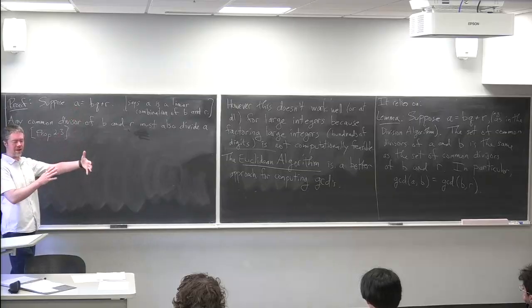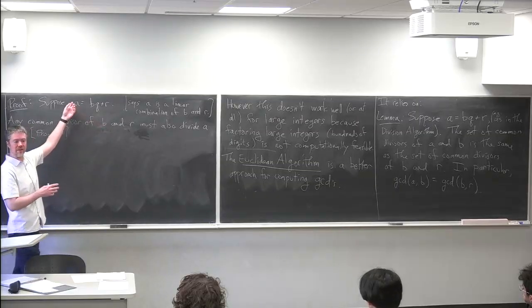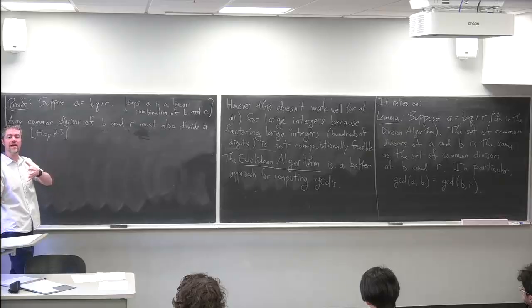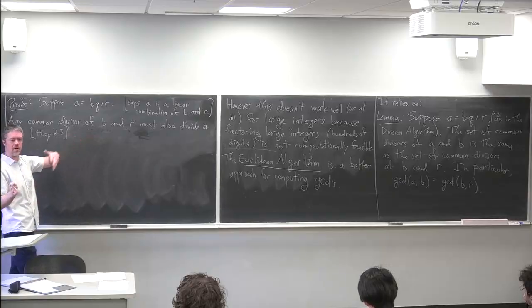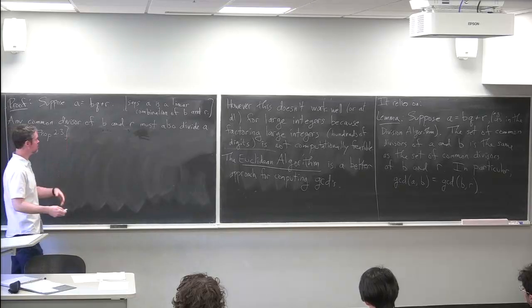So if it started out as a common divisor of B and R, now that it divides A, you know it's a common divisor of A and B. Okay, so any common divisor of B and R is a common divisor of A and B. That's the point.